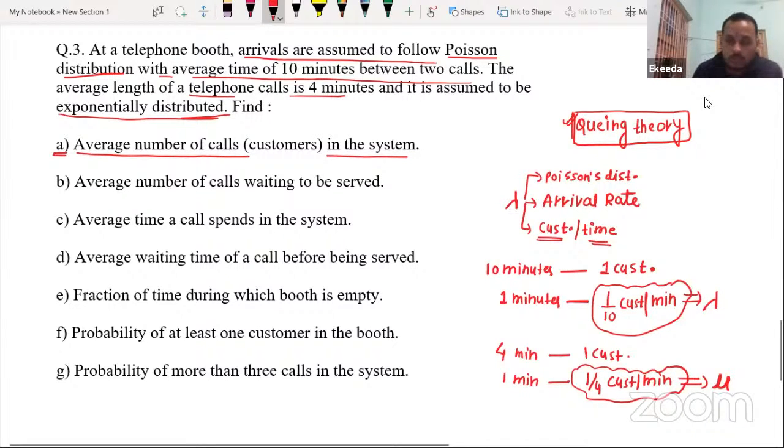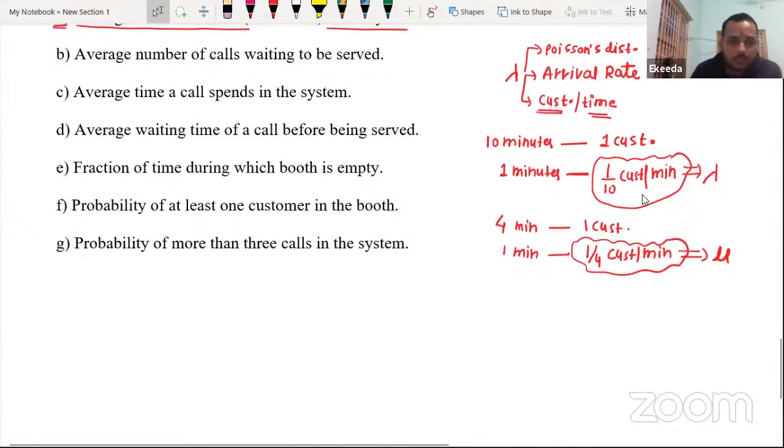So simply you know the formula for the average number of calls or average number of customers in the system.